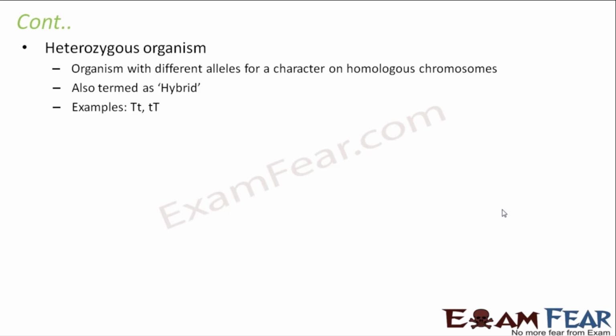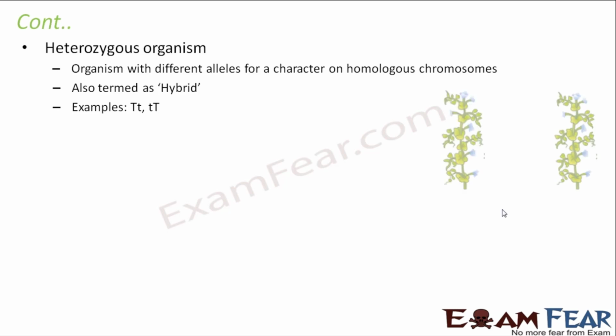Whether it is tall or dwarf, it is the height of the plant. Examples of heterozygous organisms would be small t capital T or capital T small t. Here we have two different alleles, but since tall is a dominant trait, the plant is tall. If one allele is dominant, the trait will also be dominant.